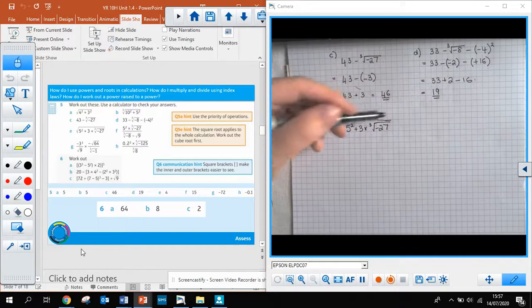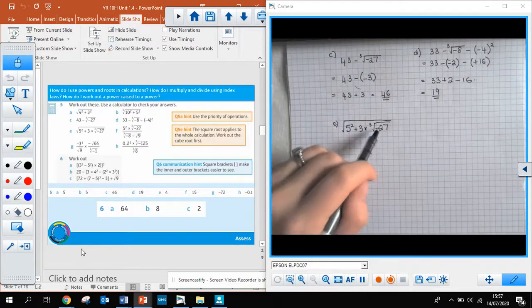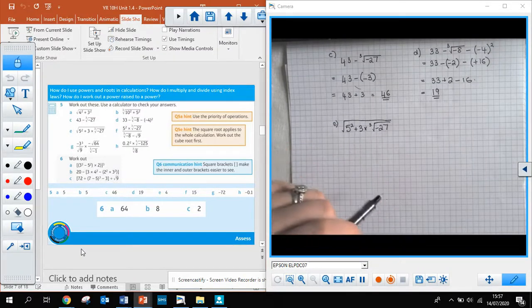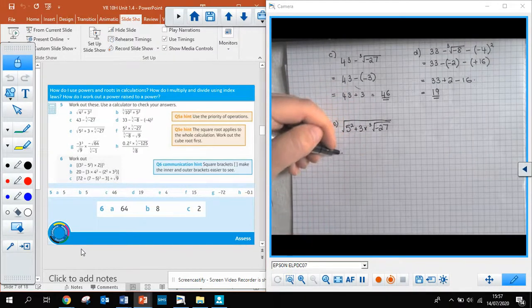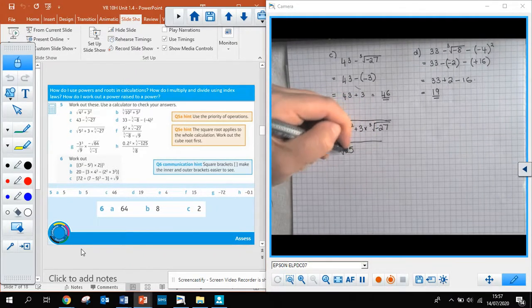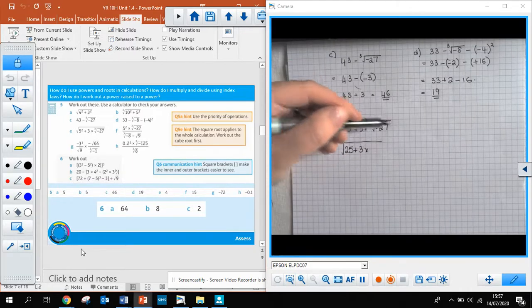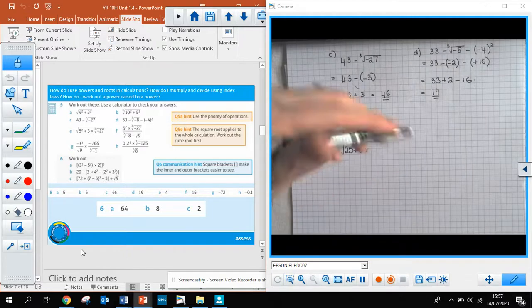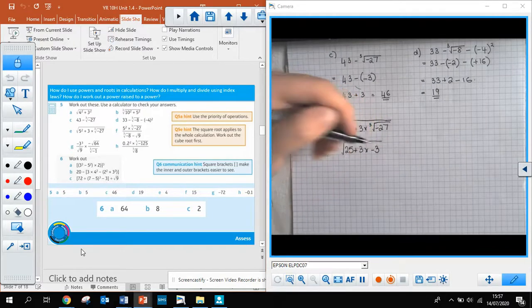Okay, they've told you that square root belongs to every term under here, so you're going to work these out first and then find the square root of the overall thing. Okay, I'm going to keep that square root there. 5 squared is 25 plus 3 multiplied by the cube root of negative 27, which is negative 3. Okay?